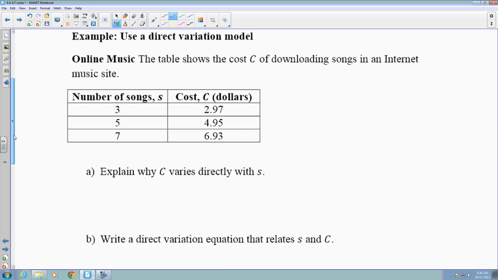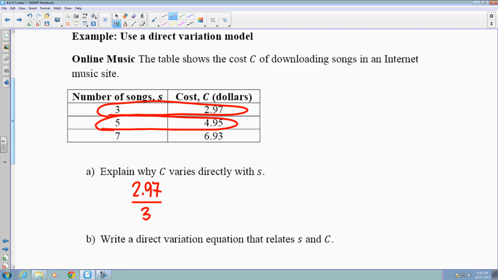The table shows the cost C of downloading songs on an internet music site. 3 costs $2.97, 5 is $4.95, and 7 is $6.93. So explain why C varies directly with S. What we need to do is divide each one of these. Divide 2.97 by 3.